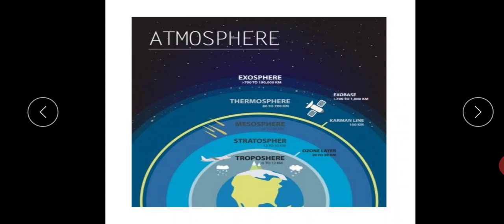So the pressure exerted near the earth's layer is more compared to the topmost layers. This is how the pressure is exerted in the atmosphere with the layers of the atmosphere.